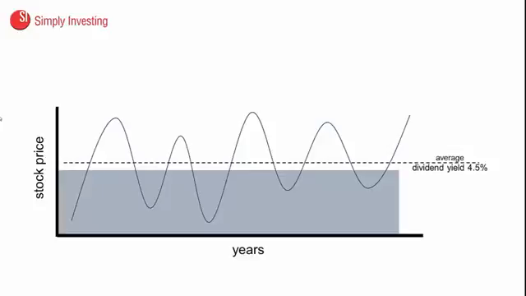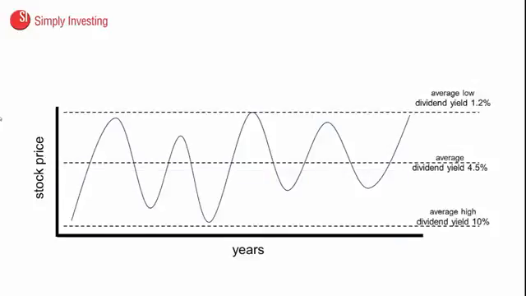So to help us with that, in the Simply Investing report, we take things a little bit further and we provide you with two other values that are going to be very helpful to you. We provide you with the average high dividend yield. Over the last 10 years or more, we look back and we determine what is the average high dividend yield. In this example, the average high dividend yield is 10%.